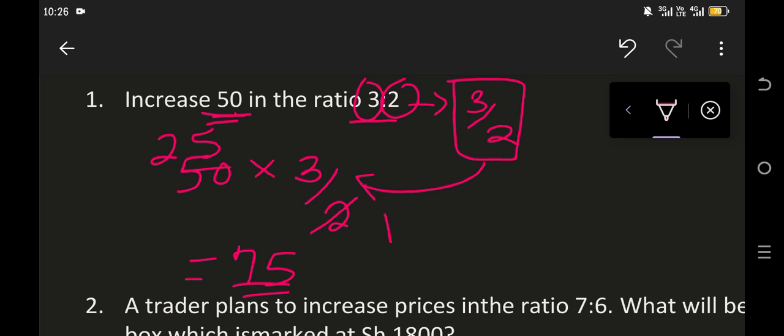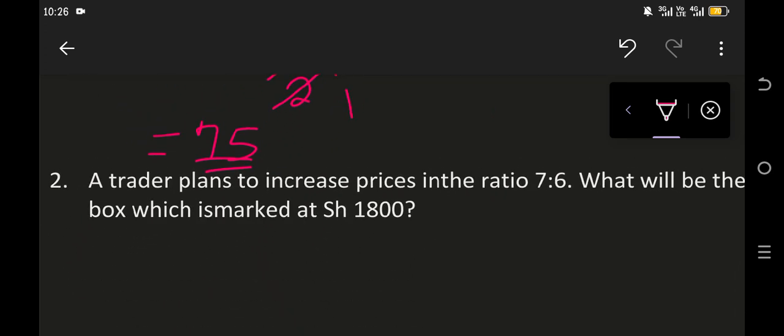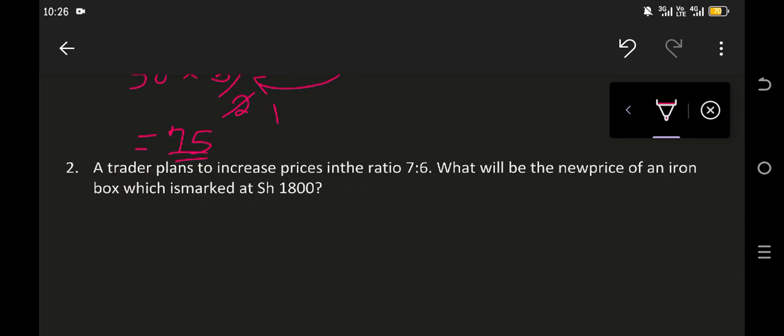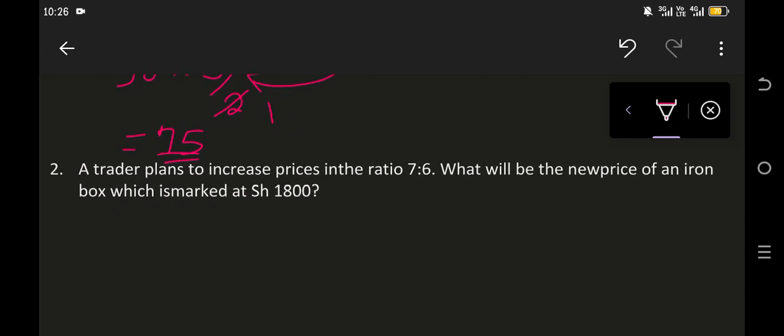The next one is a word problem. A trader plans to increase prices in the ratio 7 to 6. What will be the new price of an iron box which is marked 1,800 shillings?